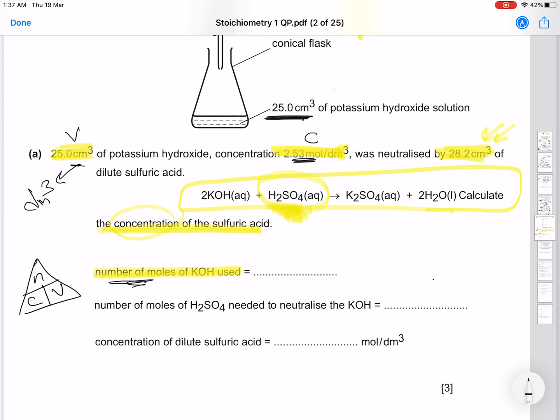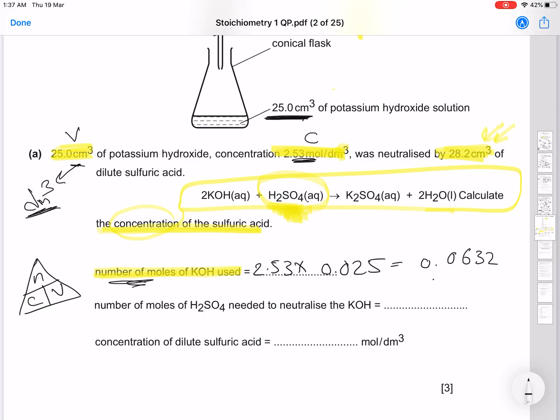So the concentration is 2.53 times the volume 0.025 because I already divided by 1000. The answer should be 0.0632. Those are the number of moles of KOH.